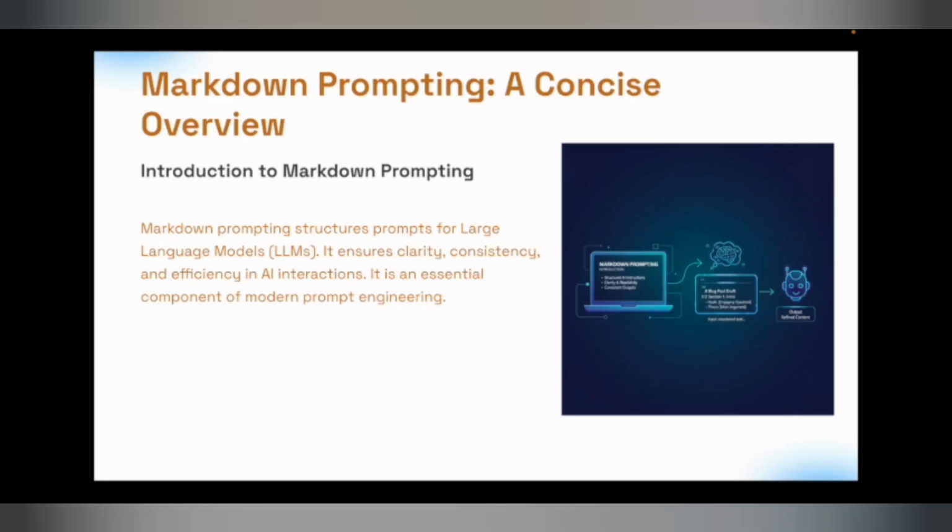So we need to define those things so that the AI agent can understand and interpret them that way, so that it can prioritize the set of instructions that you are giving in a comparative way. There are some techniques to write prompts like this, and that prompting technique is called Markdown prompting.